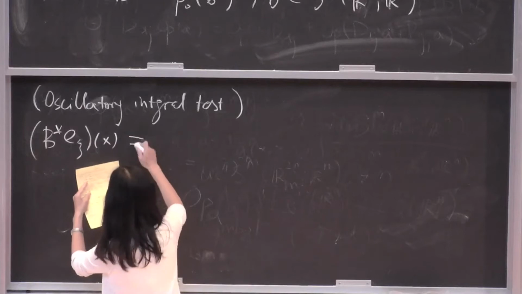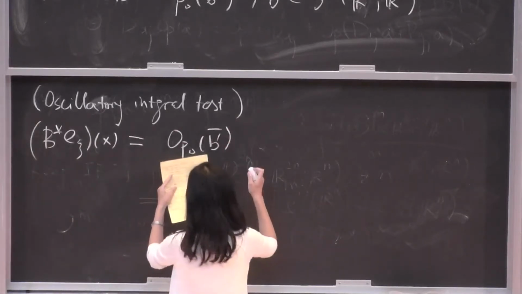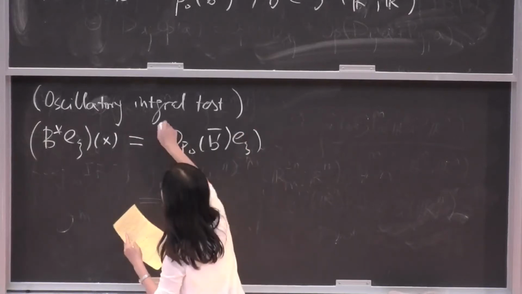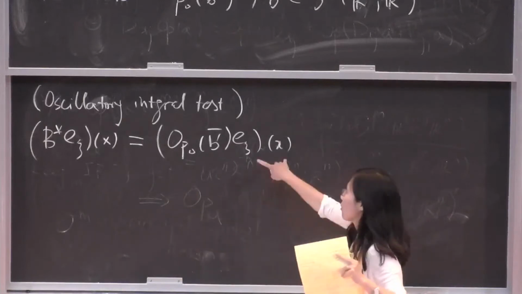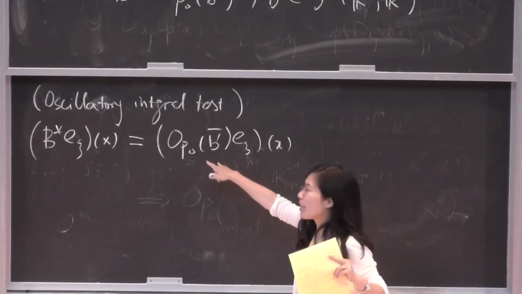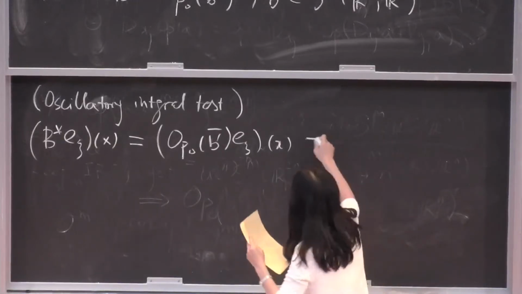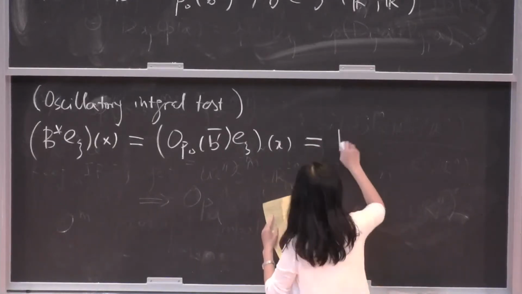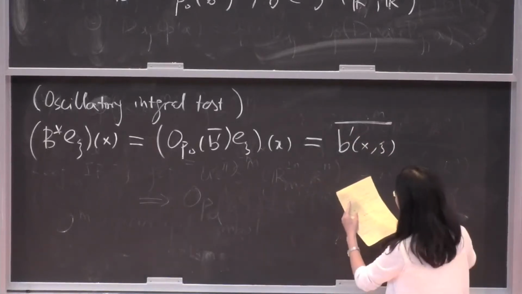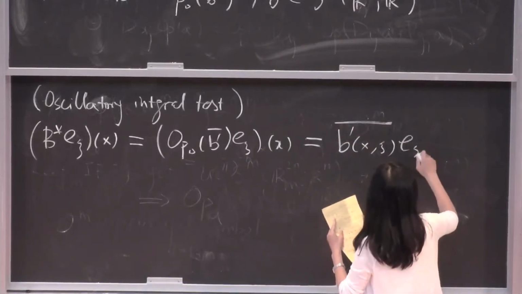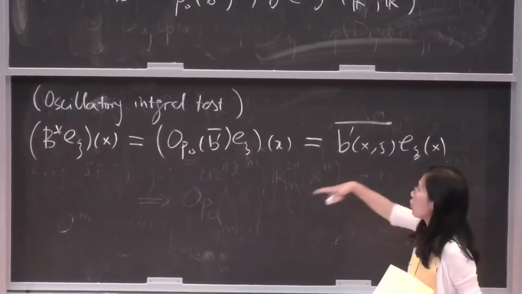So this is just equal to Op_0 of b-prime bar applied to E_ξ, evaluated at x. That's not doing anything; I'm just saying that B* is equal to Op_0 of b-prime. And the next step is that it's in fact very simple to compute: it's b-prime(x,ξ) times E_ξ(x). That's a step I'm going to show in a moment.